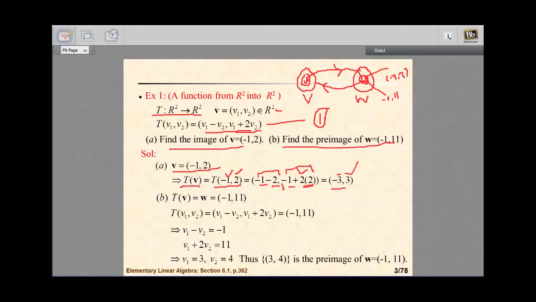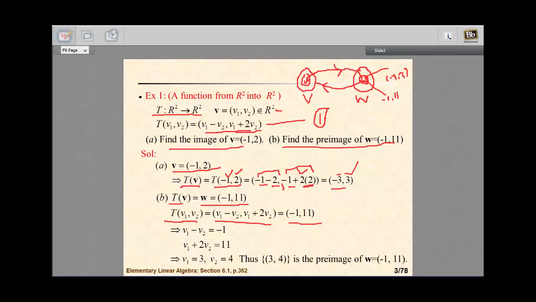So let us say that it is given that T(v) is equal to w, which is equal to (-1, 11). It is given that T(v1, v2), from equation number 1, is equal to (v1 minus v2, v1 plus 2v2). It is given inside the question that it is equal to (-1, 11), because it is the image.